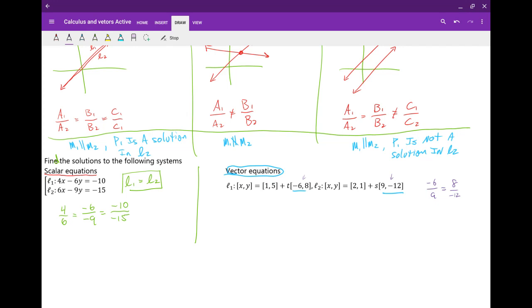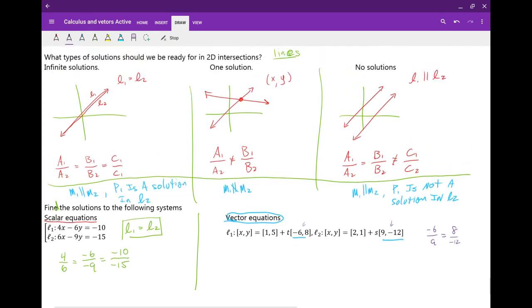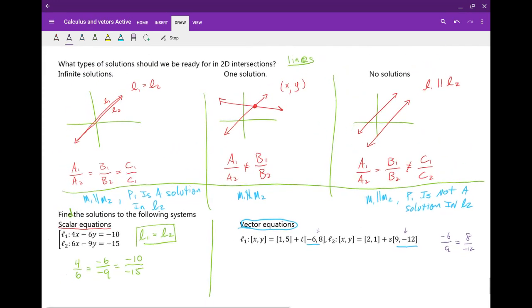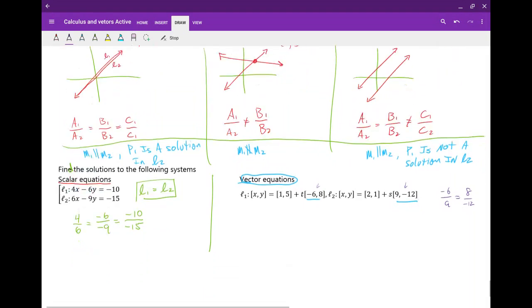But are they the same line? I don't know, so I have to determine if they're the same line. So now I take (1, 5) and plug it into this line here, and I'm going to use the parametric format.